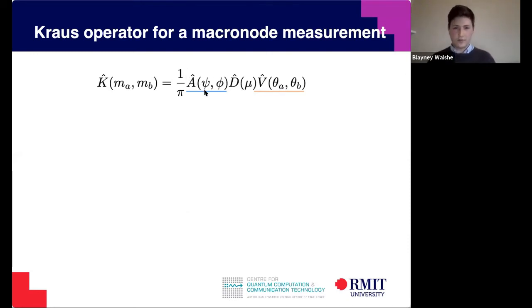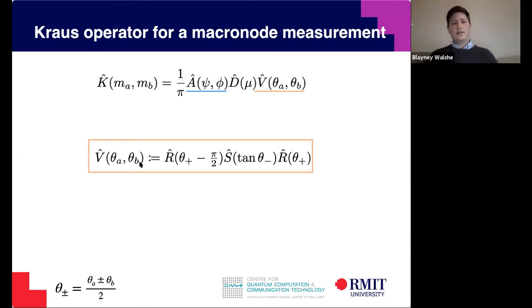Now let's look closer at the V. This V is not new, but the derivation resulting from what I showed you is new. It's a rotation, a squeeze, and a rotation. And two of these, so two V's or two macronode measurements, can enact any Gaussian unitary gate.